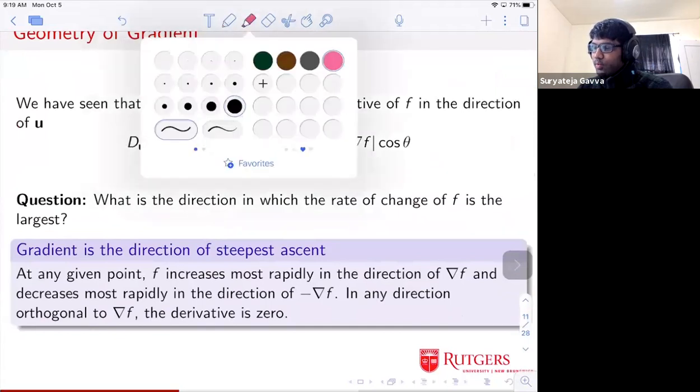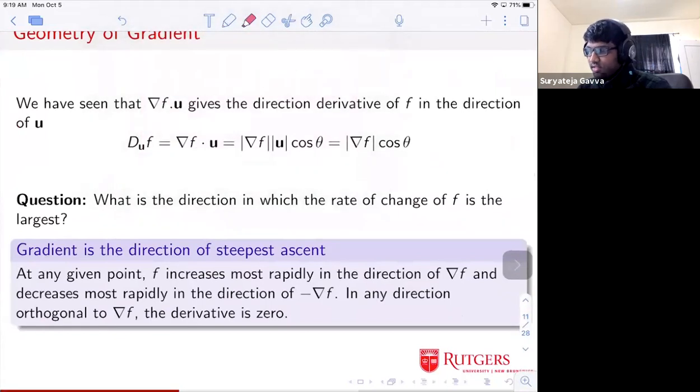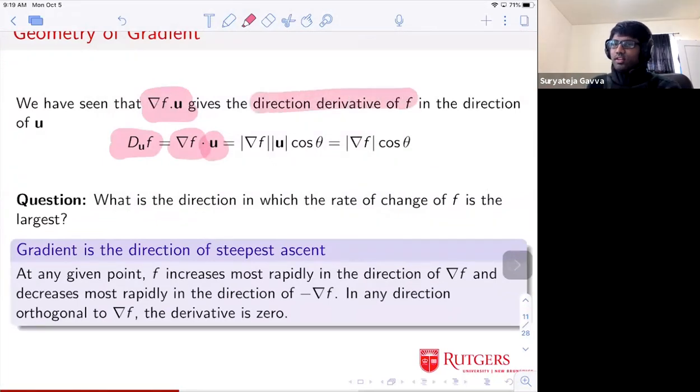As we said, the first thing is that the directional derivative of any function is the dot product of the gradient and that vector. That's the main formula. The gradient dotted with a unit vector will give you the directional derivative. That's why we care about the gradient.